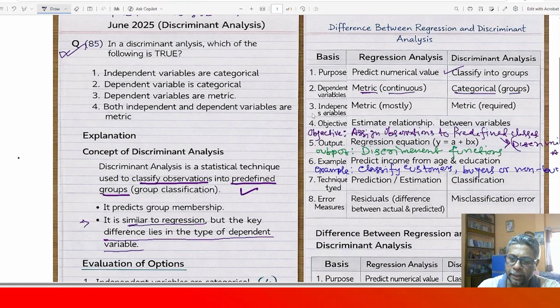For independent variables, regression analysis mostly uses metric variables, and discriminant analysis also requires metric independent variables. So it's a very important point.